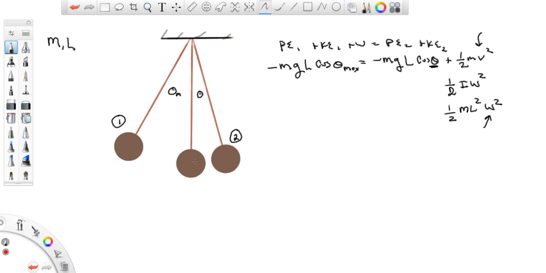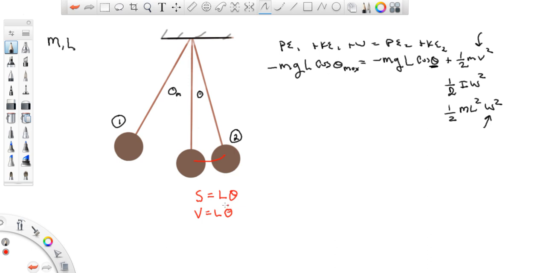Now, this distance along this path right here, remember, that's an arc length. And it's equal to the radius of curvature, which is basically the length, times theta. And then if you differentiate this, this becomes a v, and this becomes a d theta dt. And because I'm tired of writing d theta dt and dx dt and stuff like that, I'm going to use the shorthand notation theta dot.